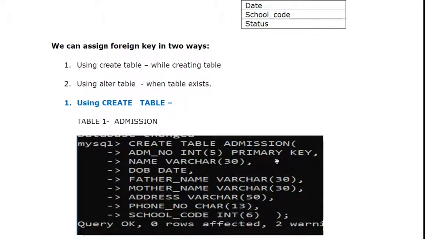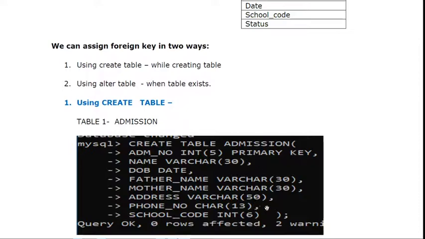Create table admission, first column name, admission number, data type, size, primary key, name varchar 30, comma, date of birth, data type is date, father name varchar 30, mother name varchar 30, address varchar 50, phone number char 13, school code int 6.